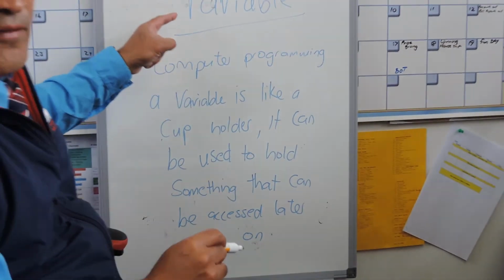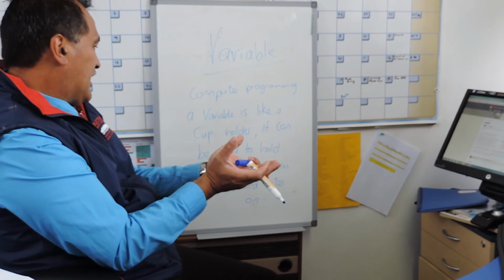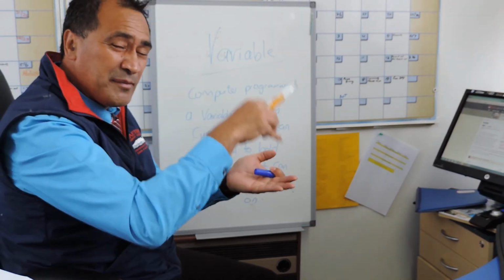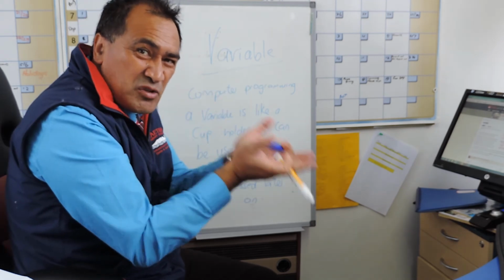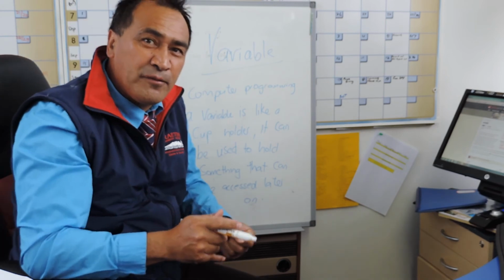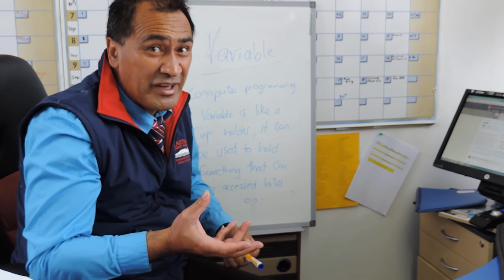So, what is a variable? A variable is like a cup. It can be used to hold things. And when you need to dip into that cup to get your data, it stores it there ready for you to use. So, the important thing for doing any research or writing word definition, make sure you understand it.